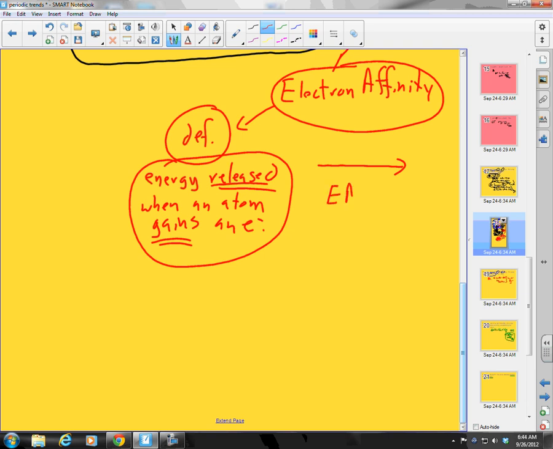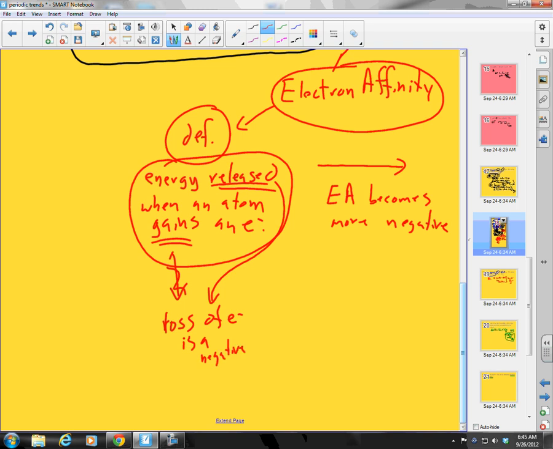Well, here's my trend. As I go from left to right in the periodic table, electron affinity becomes more negative. Now here's what we have to understand: from a thermodynamic standpoint, when something releases energy, that's a negative value. Loss of energy is a negative value.